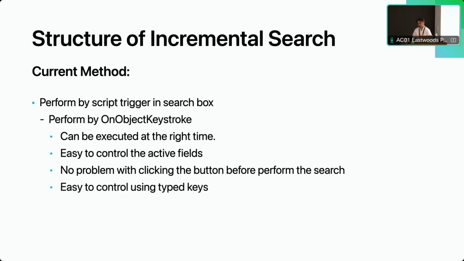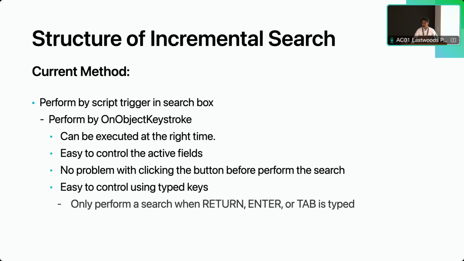In addition to being able to control whether or not to perform based on the keys that are typed, it may only run when return, enter, or tab is typed.